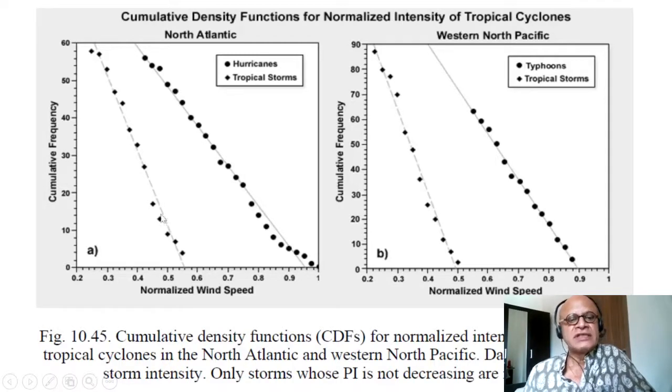So you can see that the tropical storms are on one probability distribution here, and hurricanes are on another, and here the same thing, tropical storms, slightly different of course because it's a different system in terms of the shear, sea surface temperature and the seeding processes, easterly waves versus MJOs, equatorial Rossby waves, Rossby gravity waves, and so on. And the typhoons, again, slightly different.